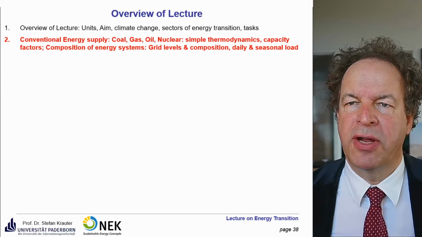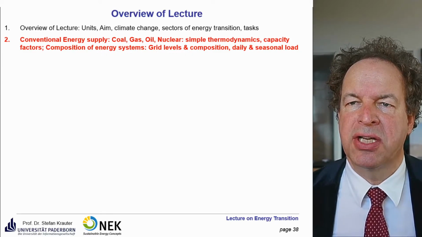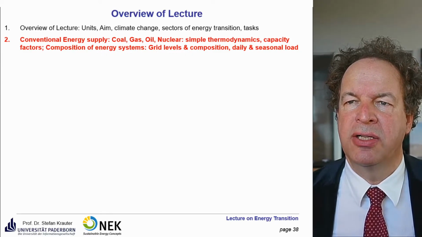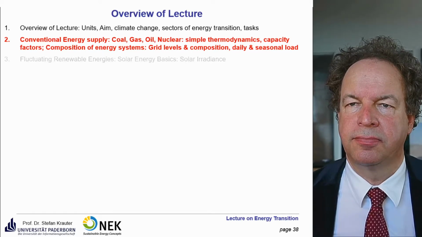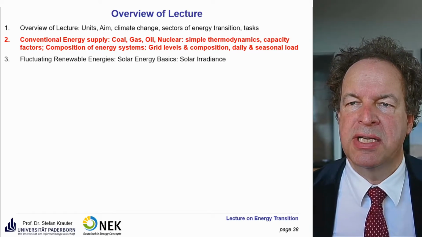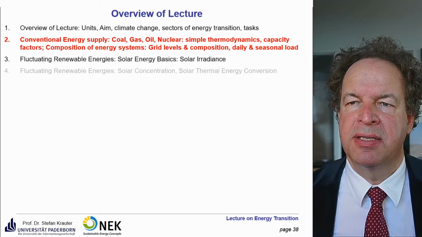We'll talk about conventional power supply, such as coal, gas, oil, nuclear, some simple thermodynamics, capacity factor, composition of energy systems, grid levels, composition, and daily and seasonal load. The rest will then come to solar irradiance.